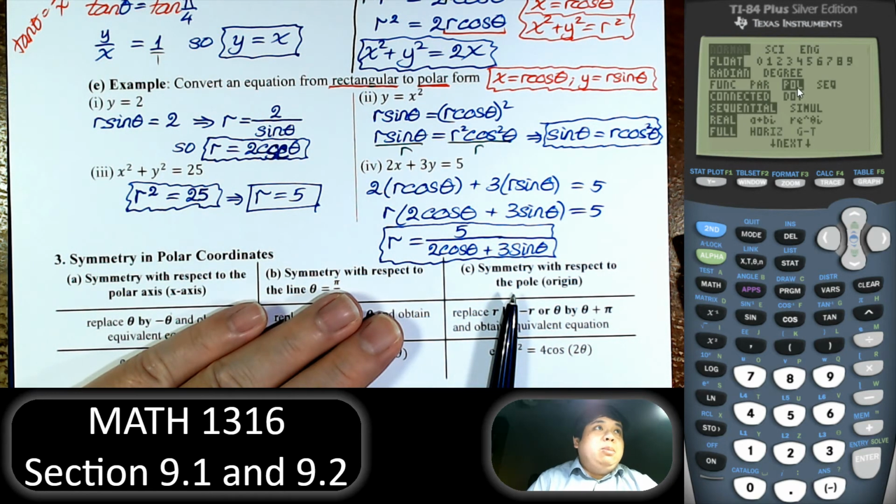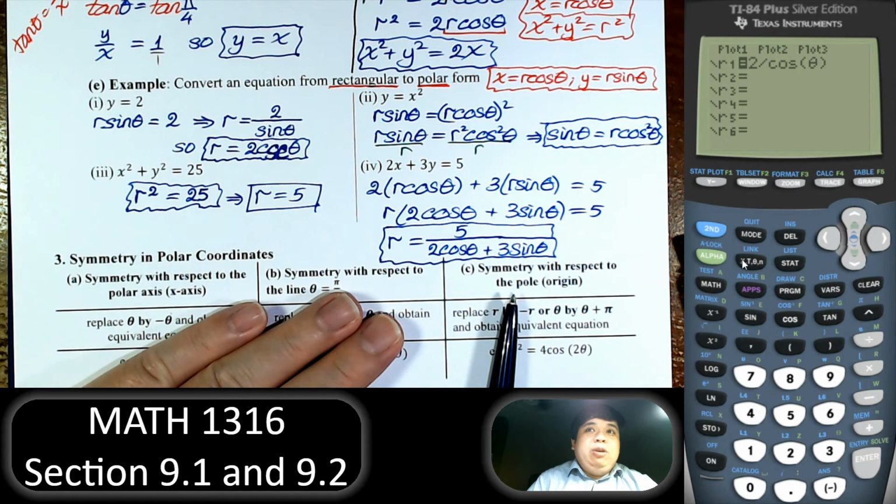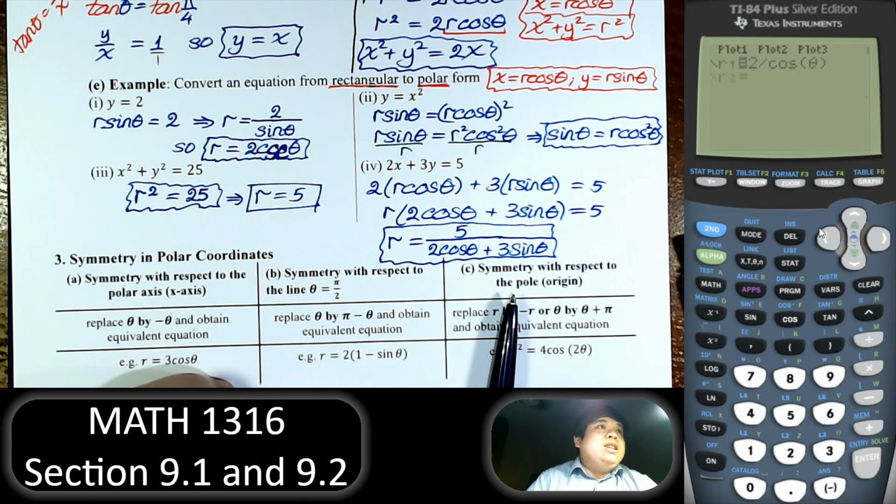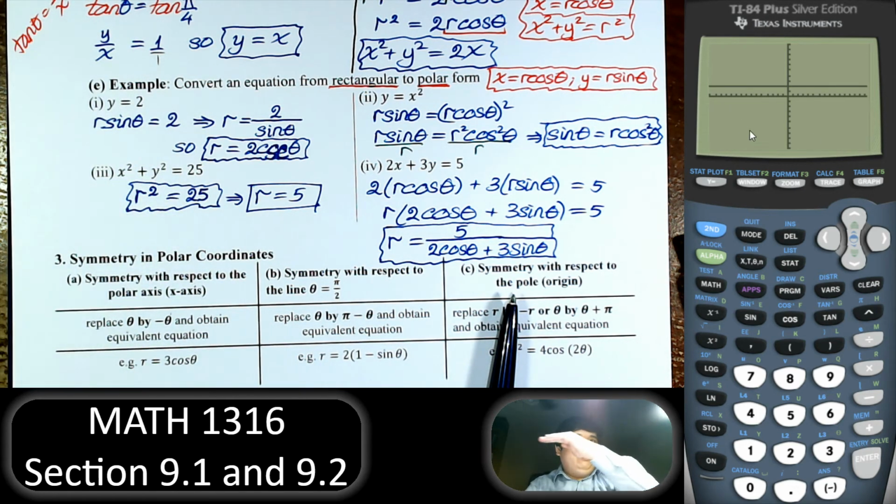If it is in polar mode, automatically it will give us theta. If it is rectangular, it will be x. Now you see the equation is this divided by sine, right? So we have the equation y equal to 2, which is good, right?